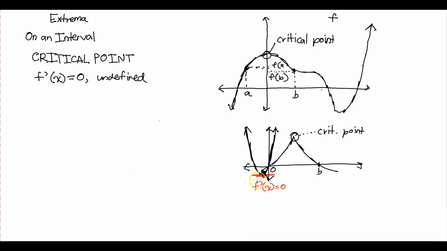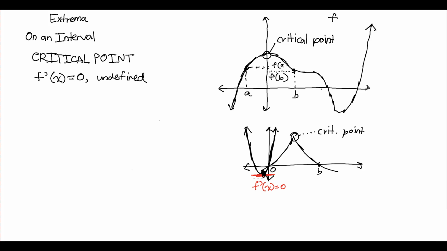So when f prime of x is equal to 0, there is a pretty good chance that it is a maximum. The reason why I say chance is once you find all the critical points on the interval, then you have to test all of them.